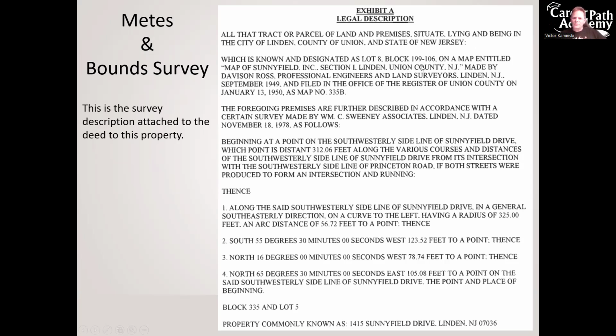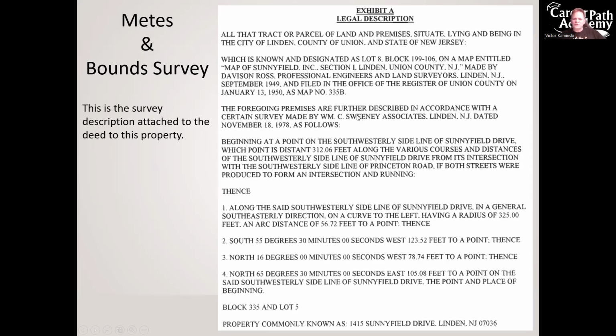That was the lot and block. On a map entitled Map of Sunnyfield, Inc., Section 1, Linden, Union County, made by David Ross, professional engineer, land surveyor, Linden, New Jersey, September 1949, and filed in the office of the Register of Union County on January 13, 1950, as map number 335B.